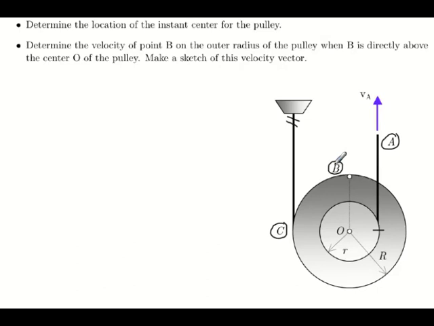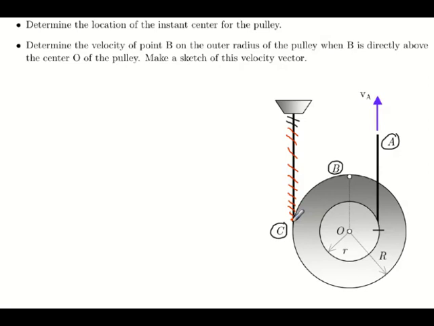Well, the argument that I would make here is that every point on the cable over here on the left hand side, the velocity of those points is zero. Okay, so as this cable then wraps around the pulley here on the outside, this point C is still a point of zero velocity.